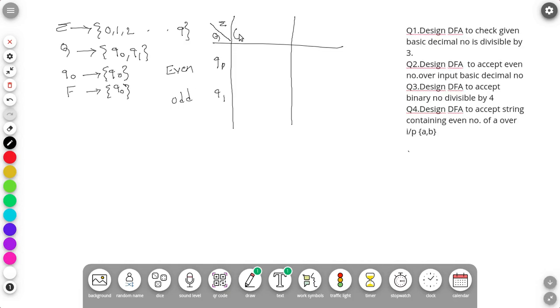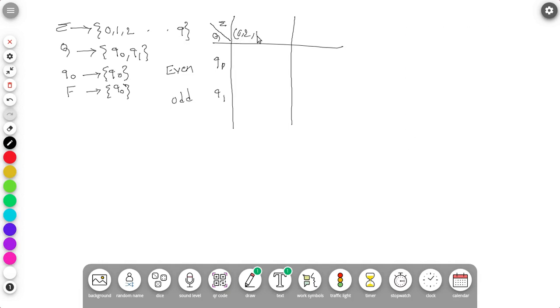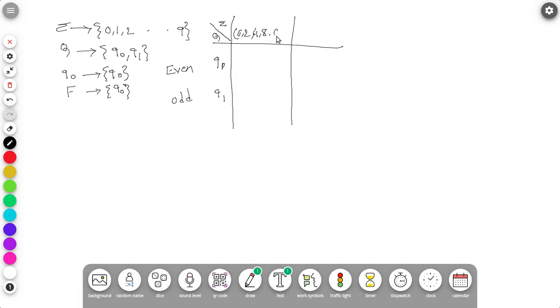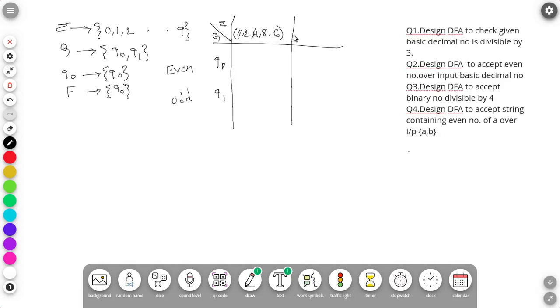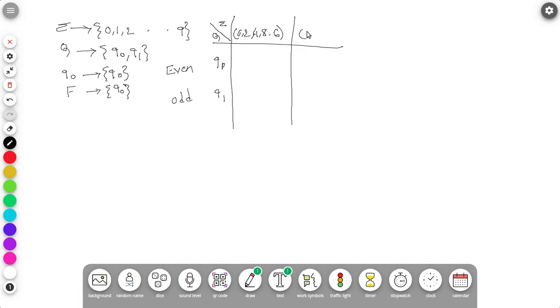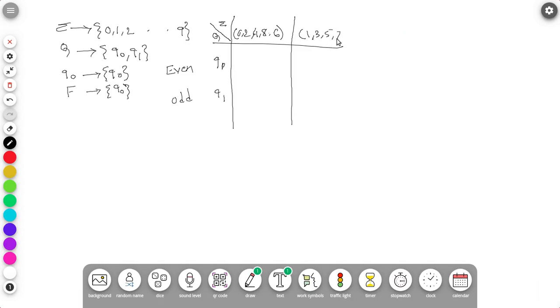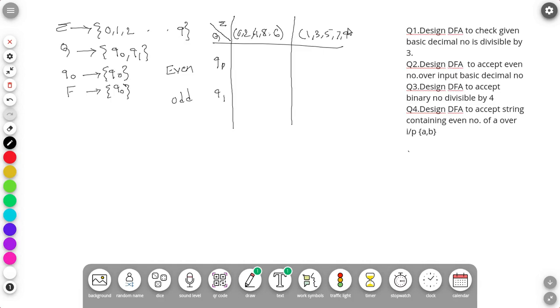Our input will be divided into certain sets. 0 is divisible by 2, 2 is divisible, 4 is divisible, 8 is divisible, and 6 is divisible. So these are even numbers. And next is 1, 3, 5, 7 and 9. These are the non-divisible numbers.